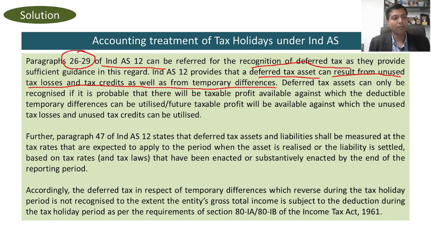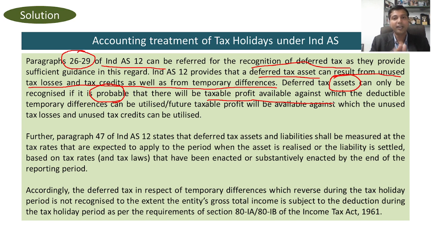So the source of recognition of DTA is primarily unused tax losses, like carried forward business loss or unabsorbed depreciation, and temporary differences. Now the question comes of DTA. Deferred tax asset can be recognized only if there is a probability that the taxable profit will be available against which deductible temporary differences can be utilized.